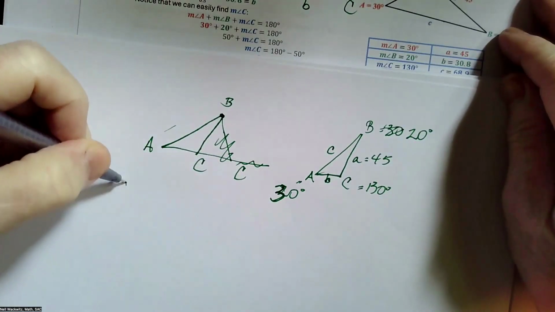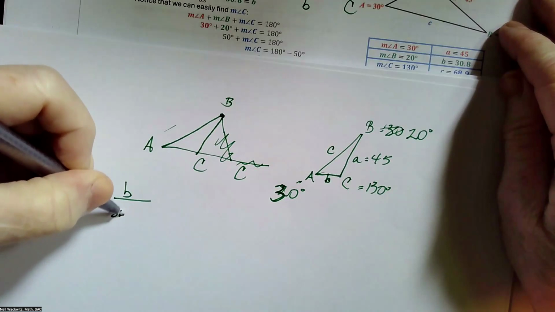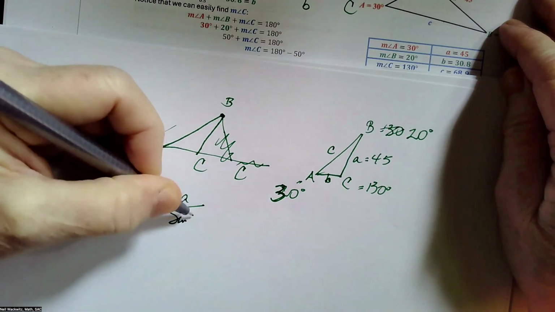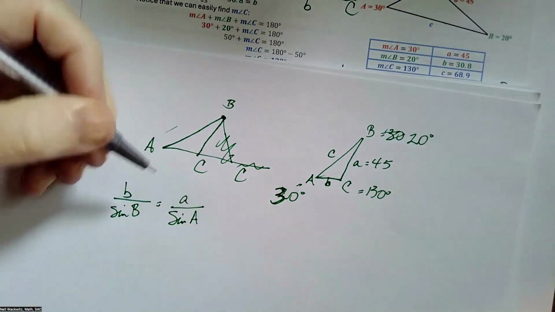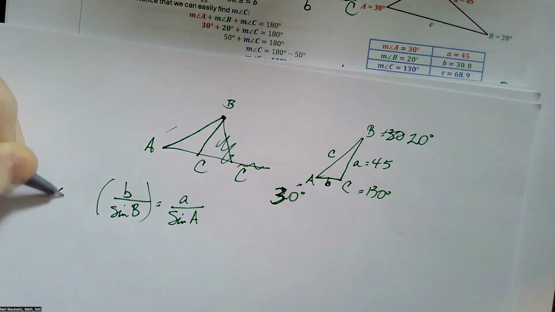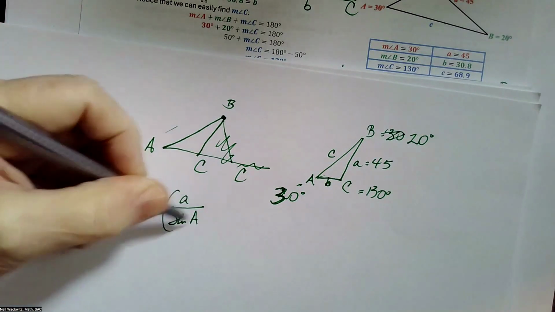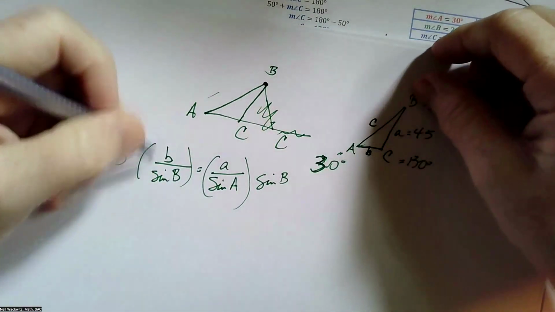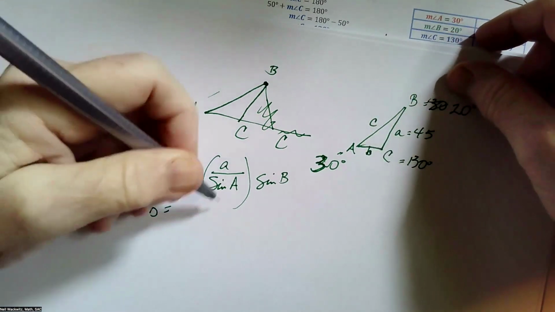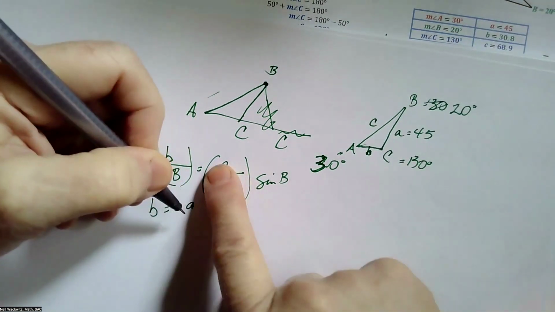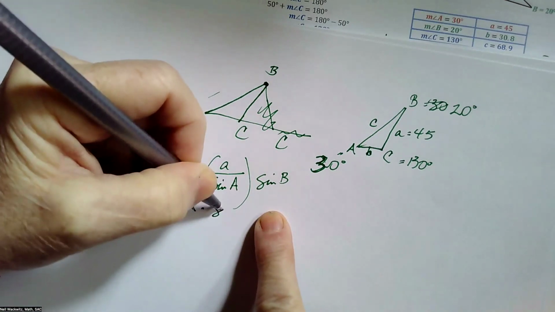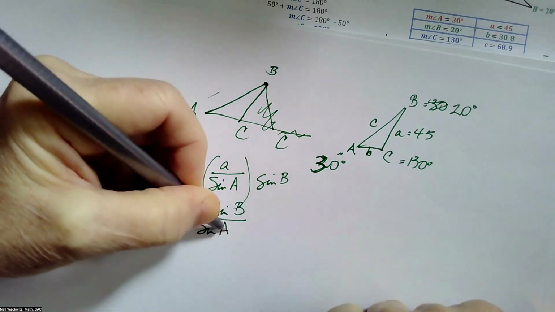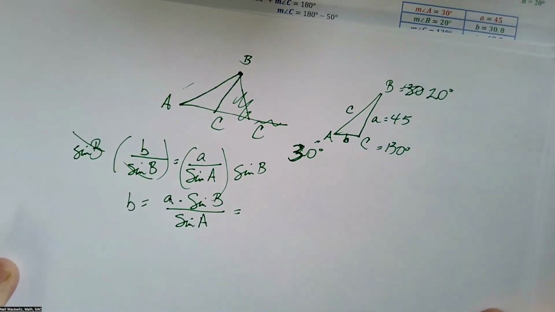We already said that we've got side b over the sine of B equals side a over the sine of A. We're going to multiply both sides by sine of B. And so I get that little b is equal to side a times the sine of angle B divided by the sine of angle A. And let's see.